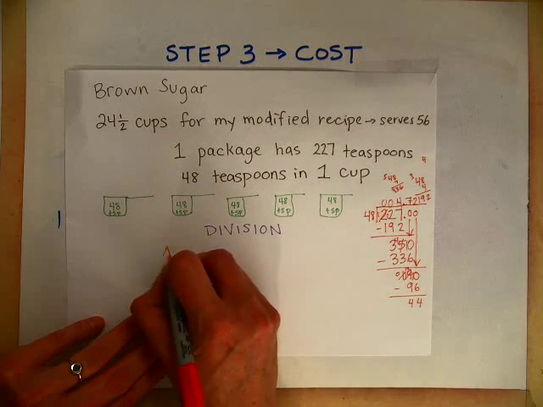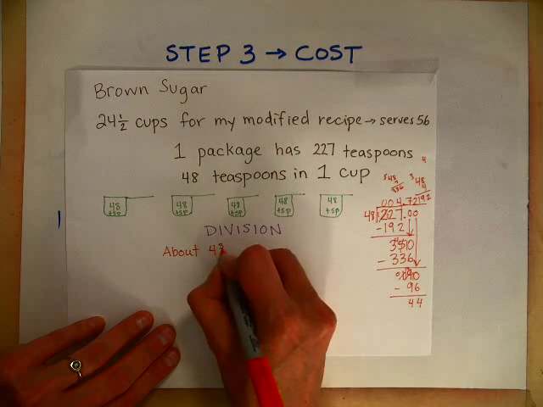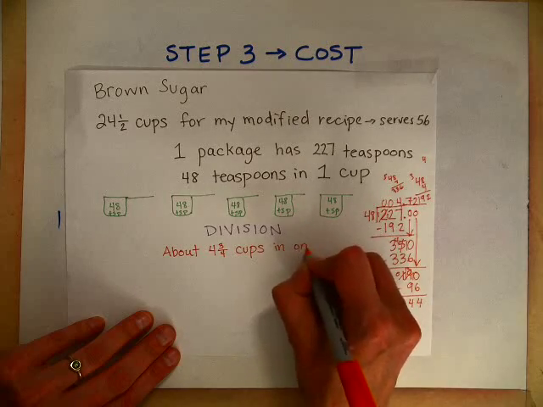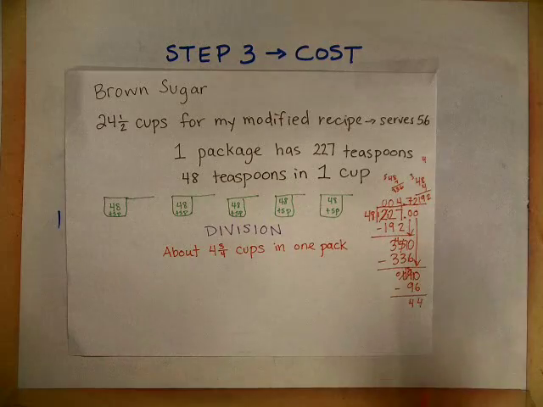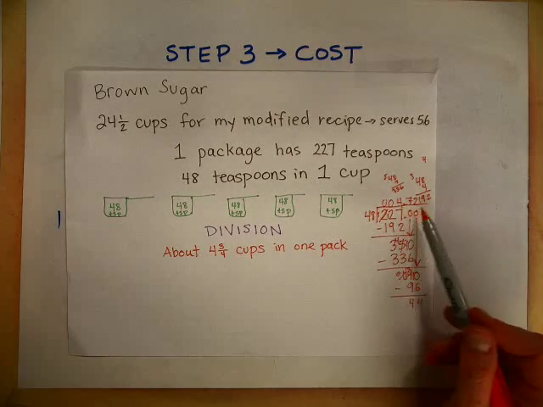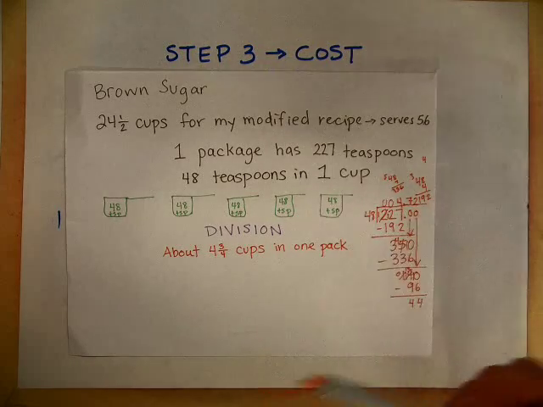So there's about 4 3/4 cups in one pack of brown sugar. Now, I really don't want to overestimate, which is basically what I did, because there's a certain amount in the package and we want to make sure that we have enough.